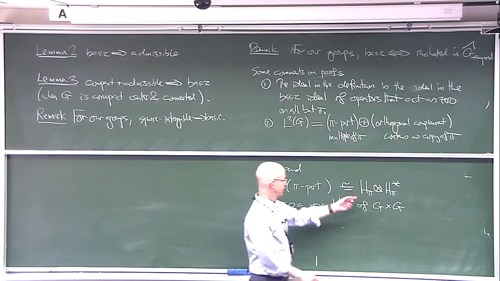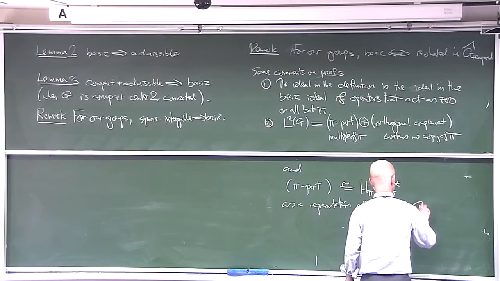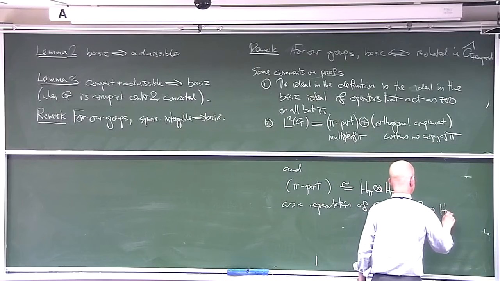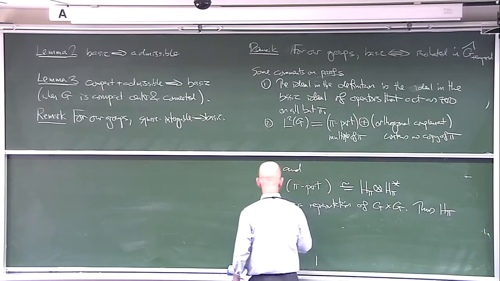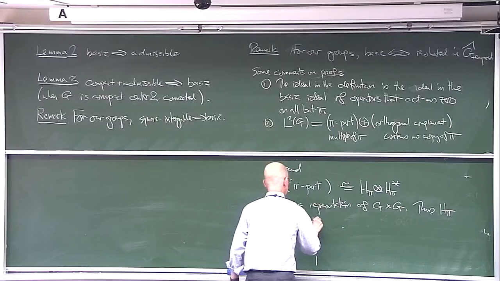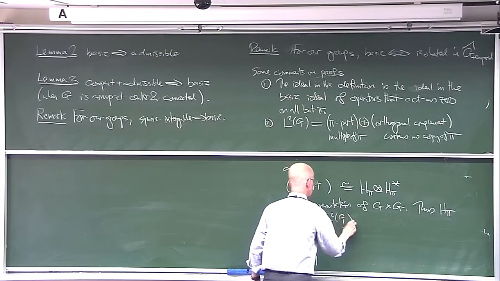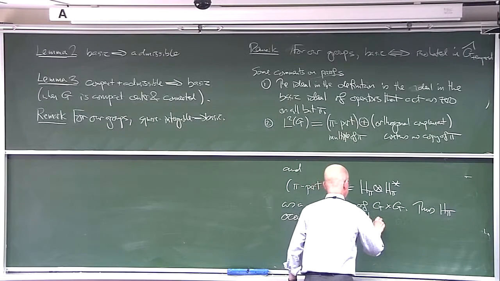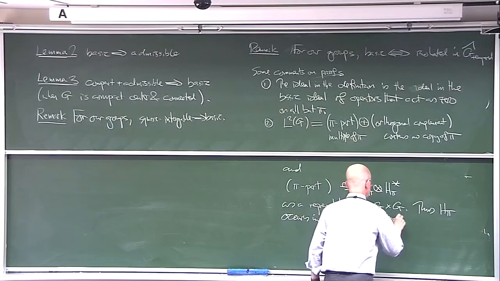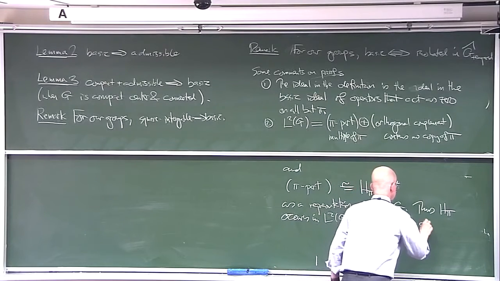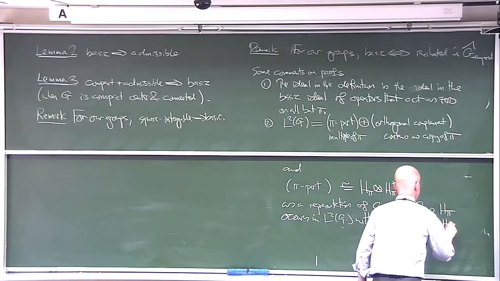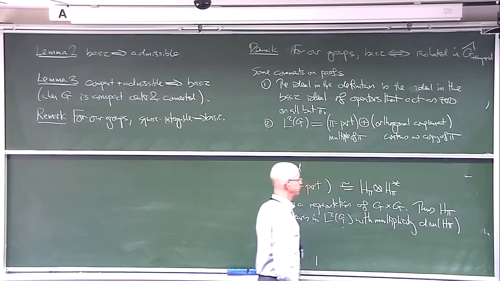So what you see is that H_π occurs in the regular representation with multiplicity, well, just the dimension of H_π, which is almost always infinite if the group is not compact.